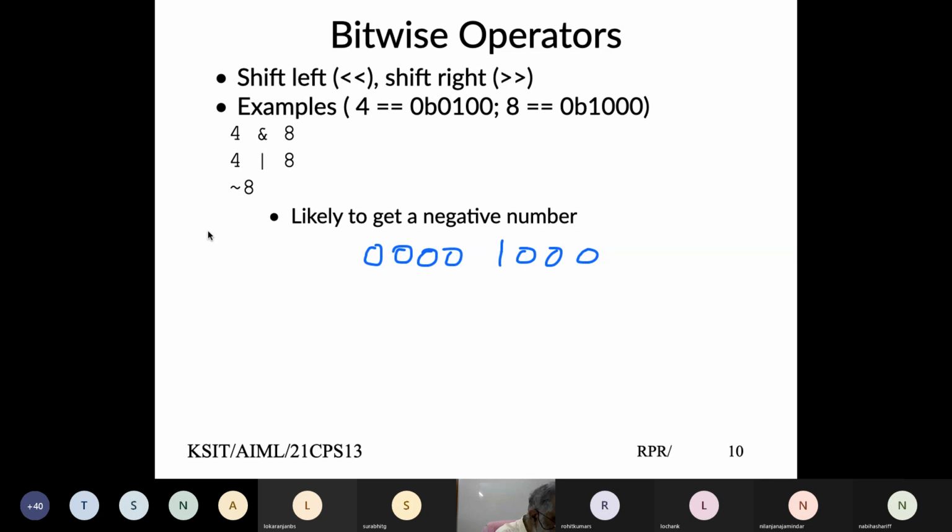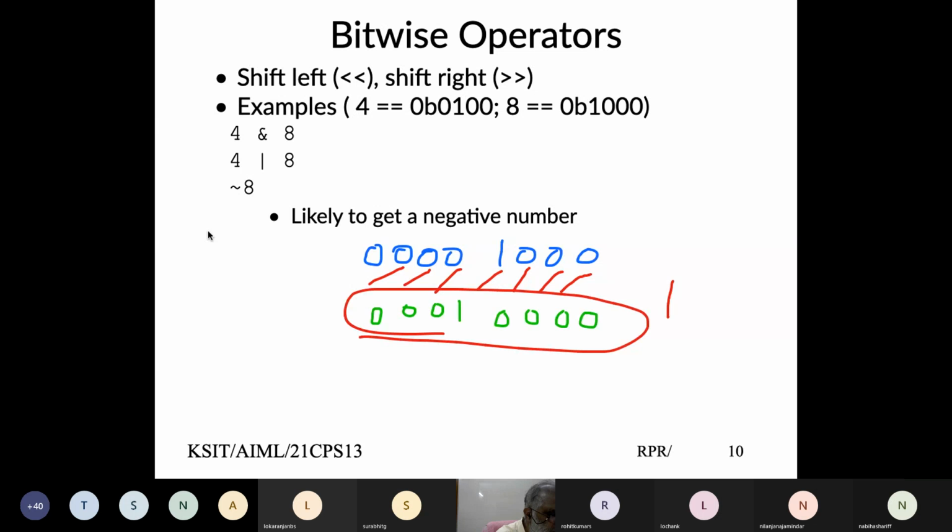This bit comes here, this comes here, and at the end we get a 0. When you shift left, the right must be filled up with 0. This new number in decimal is 16.